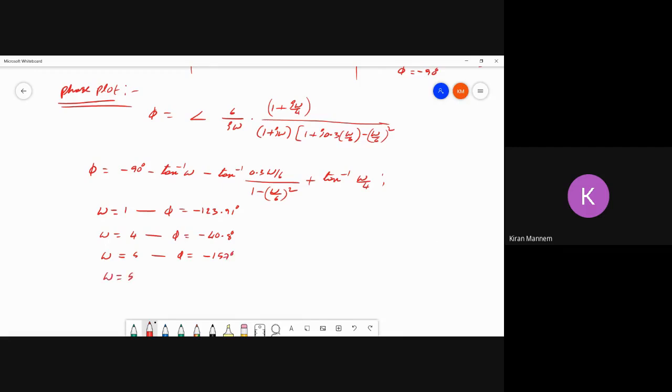At omega equal to 5.5, your phase angle would be minus 176 degrees. And when omega equal to 6, your phase angle would be minus 204.2 degrees, and omega equal to 8, your phase angle is minus... You should calculate all these values in degrees, right? So this is about the phase angle plot.